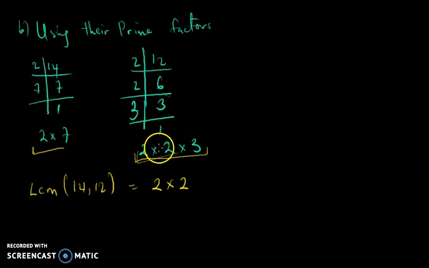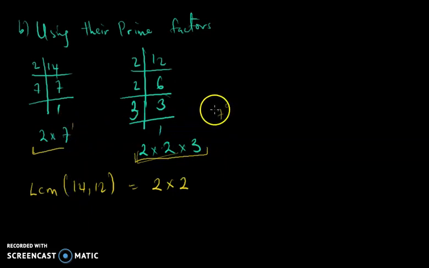When taking them, we take the one with the highest power. Here 7 is present in 14, and in 12 the 7 is raised to the power 0, which is 1. So we have times 7.